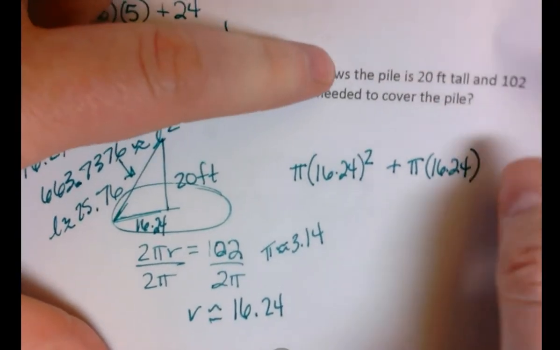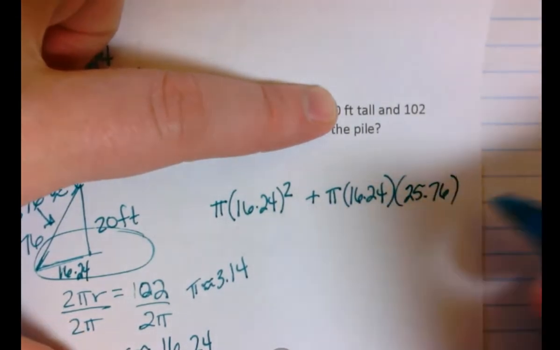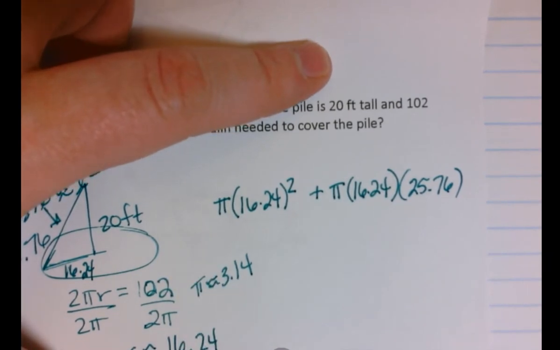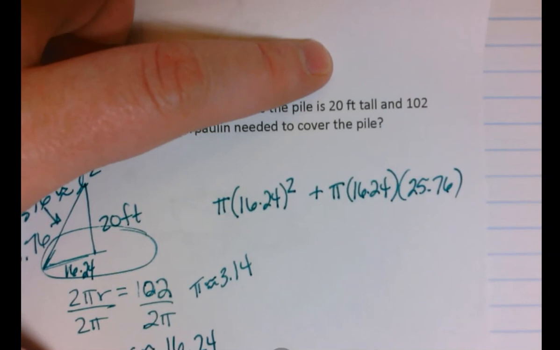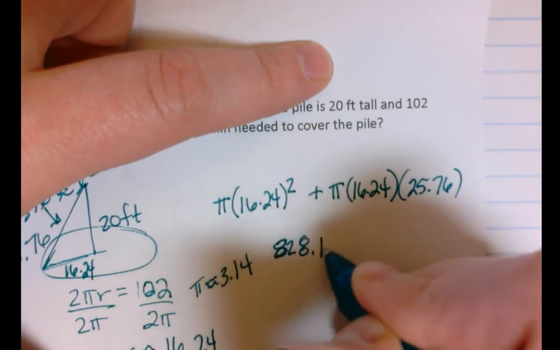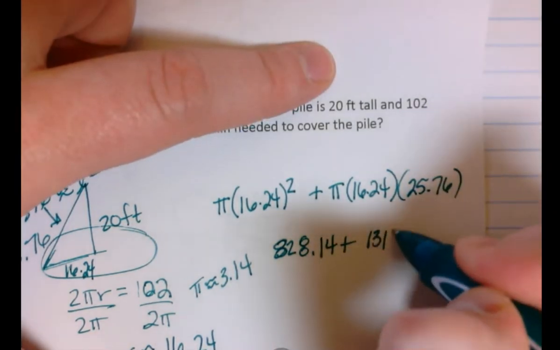So I'm going to take this times 25.76, doing that in my calculator, and I'm going to multiply everything times 3.14. 828.14 plus 3.14 times 16.24 times 25.76, 1313.6.